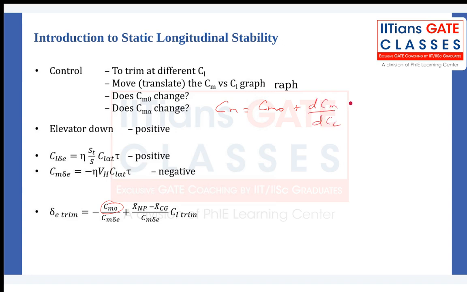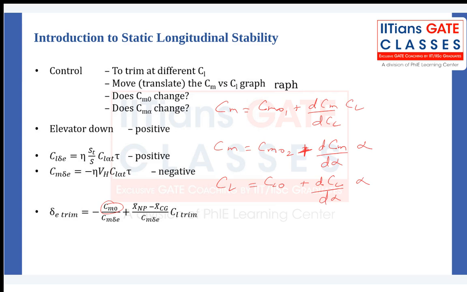CM can also be written as CM naught 2 plus dCM by d alpha into alpha. And we also have the relationship for CL: CL naught plus dCL by d alpha into alpha. Now using these three equations, you can derive the relation on your own, right?